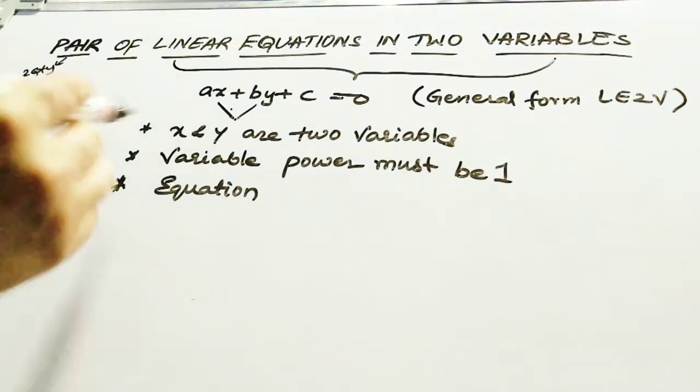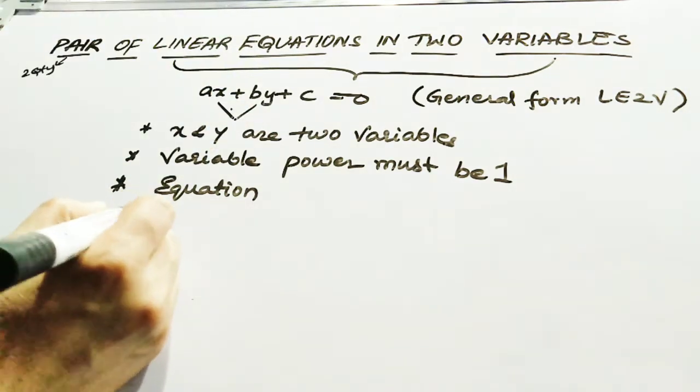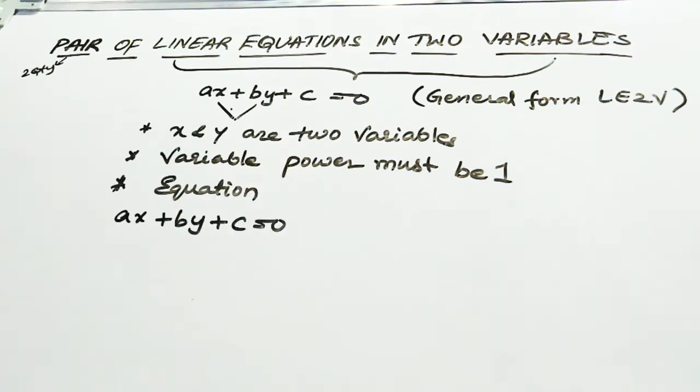In your linear equation, two variables must be there, the power of the variable must be 1, and it must be in equation form. This is the general form: ax plus by plus c is equal to 0.